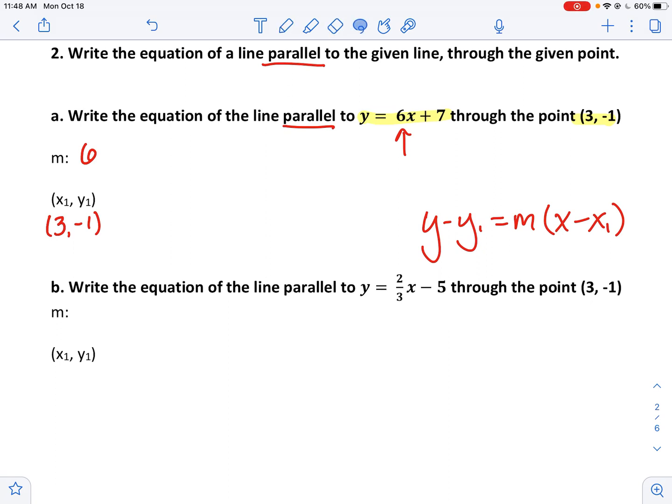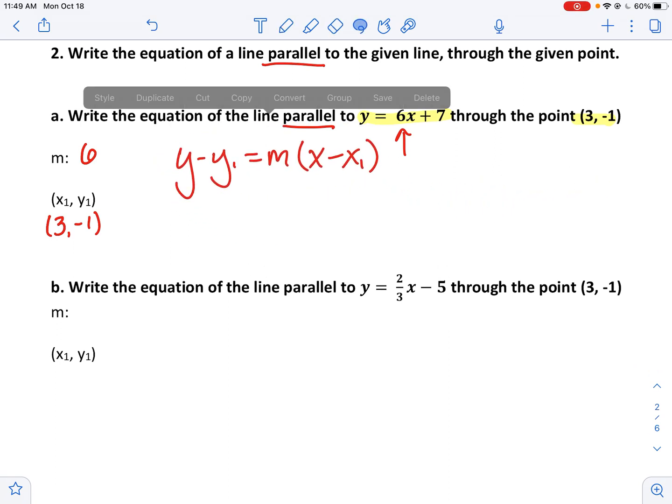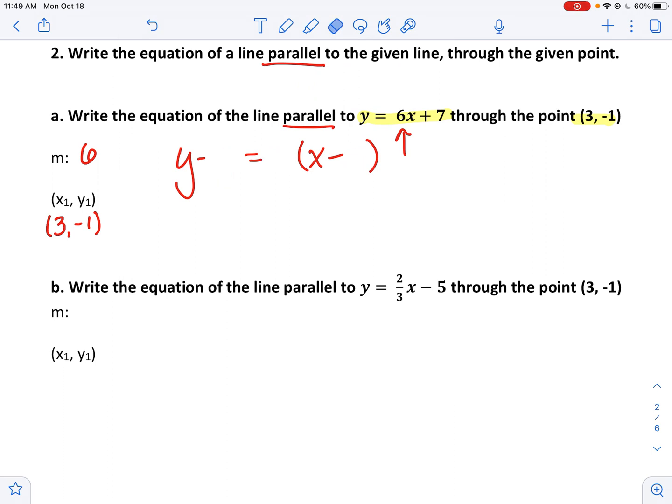So let me move this up here. I'm going to substitute in my x1, my y1, and my m. And then we can see that two negatives will make a positive.